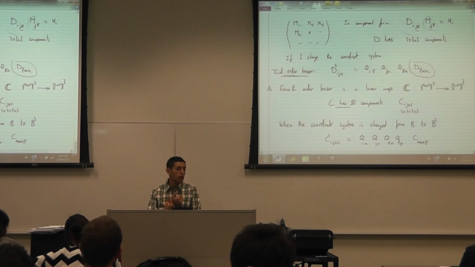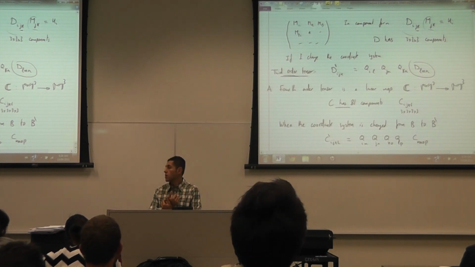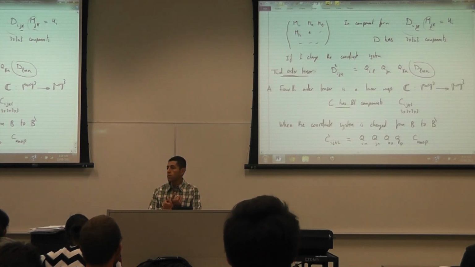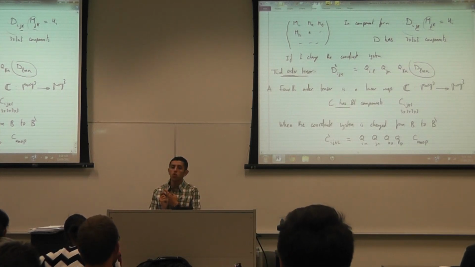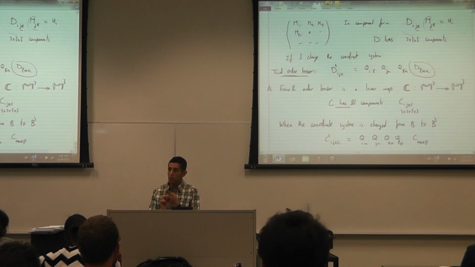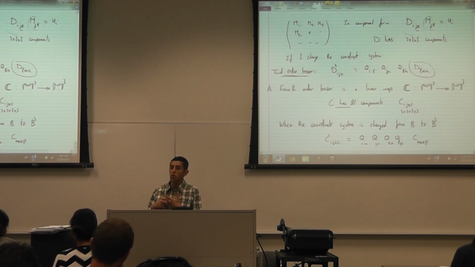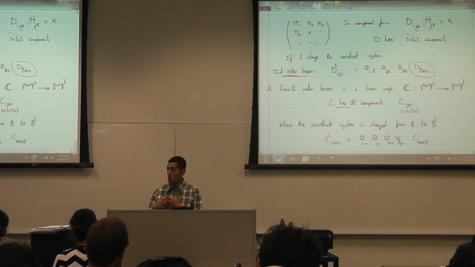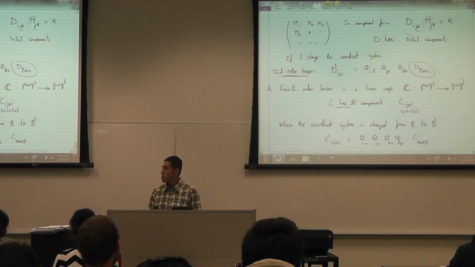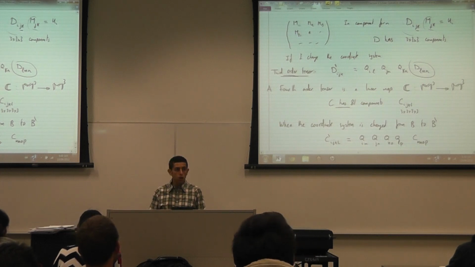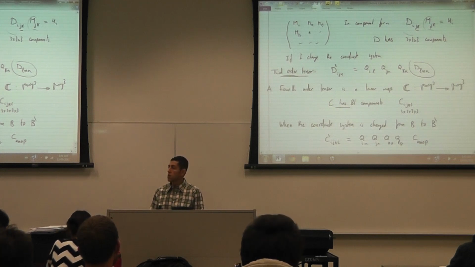Now, if I have a linear elastic isotropic material, what do I expect the relationship between the stress and the strain to be? I expect that this relationship is not dependent on the coordinate system. So I expect that whatever coordinate system I choose, the new C will be exactly the same C.